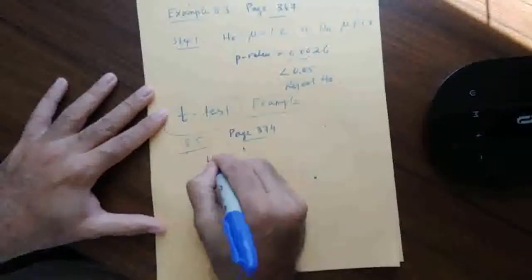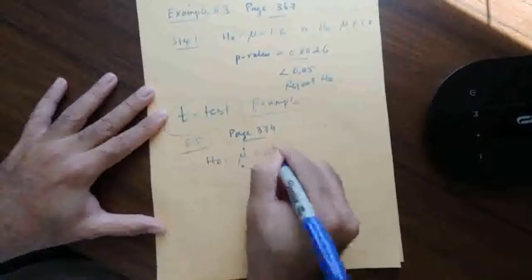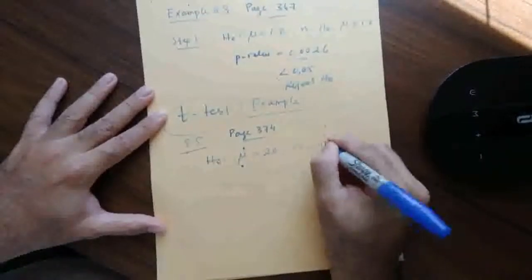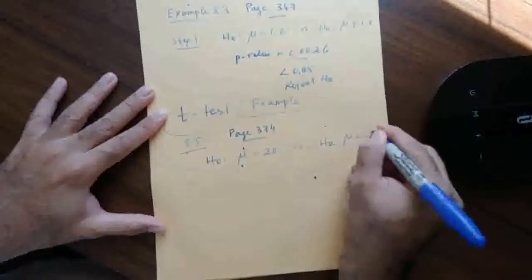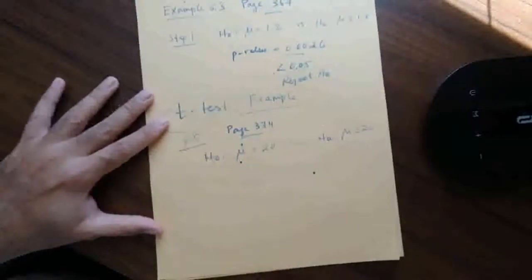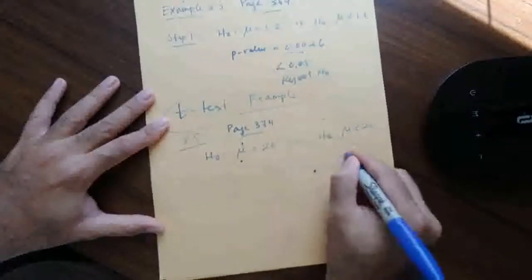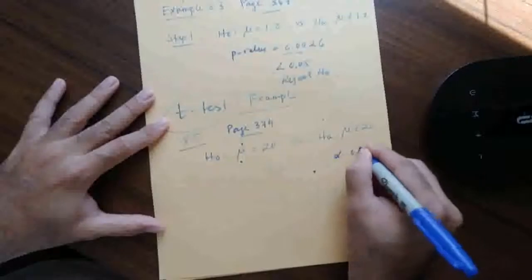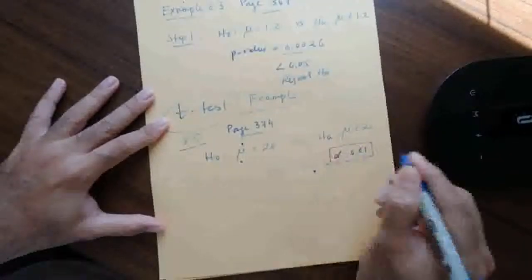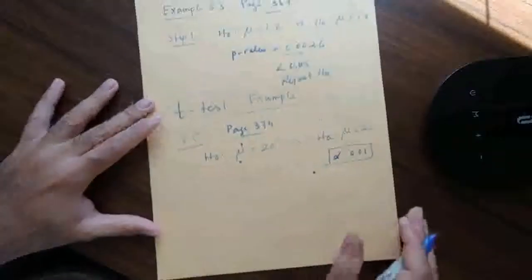And the hypothesis there, mu equal to 20 versus the alternative is mu less than 20. And the alpha is given as 0.01, meaning this is the one that you compare with the p-value.